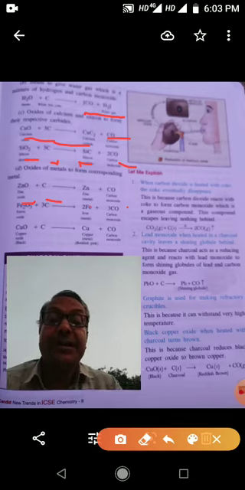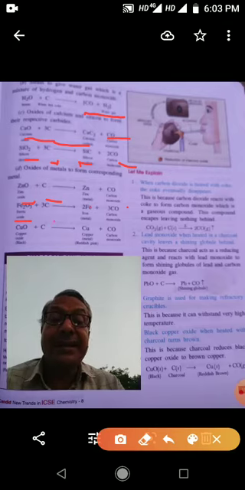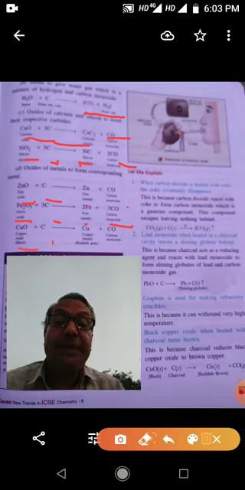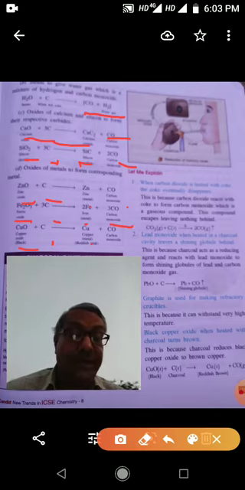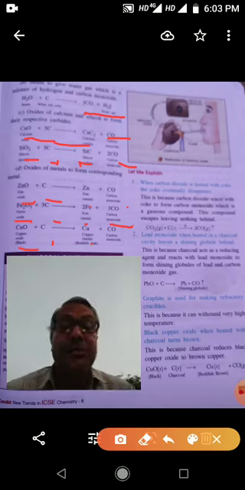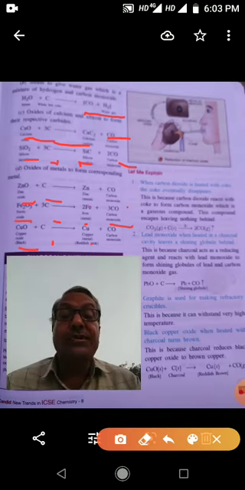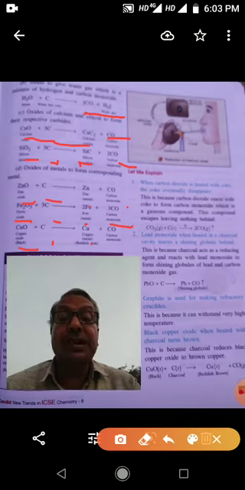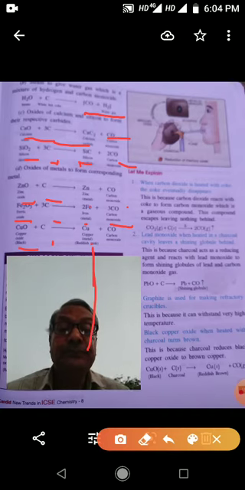Like this, iron oxide reacting with coke will form iron and carbon monoxide. Copper oxide reacting with coke forms copper and carbon monoxide. So these are the chemical properties which show the reducing property of carbon.